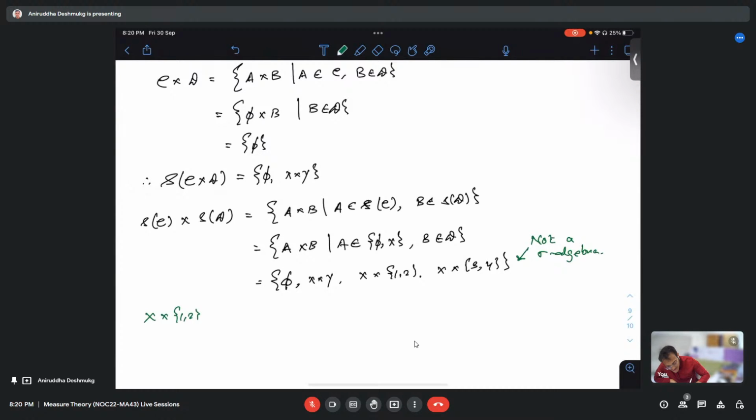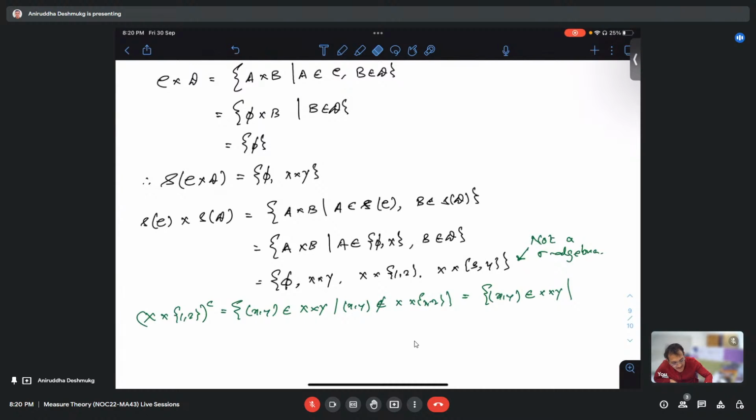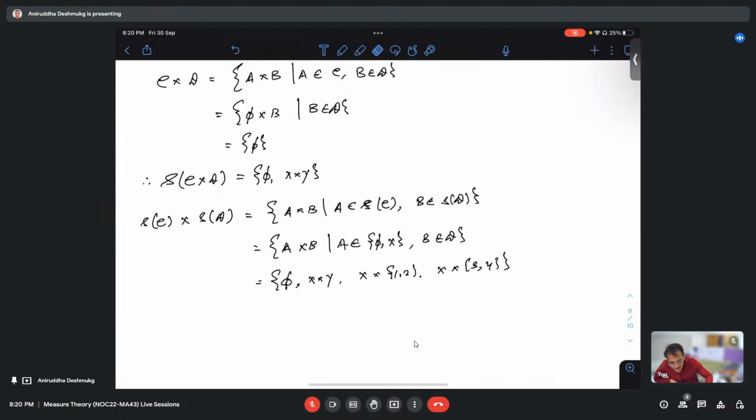It is all those (x, y) in X cross Y such that (x, y) is not inside X cross {1, 2}. But it cannot happen that x is not inside capital X because it is the universe for us. If we are saying that the pair is not inside the product, then y is not inside {1, 2}. So that means all those (x, y) in X cross Y with y in {3, 4}. It is in fact, I guess, a sigma algebra. Anyway, if it is a sigma algebra, no issues.